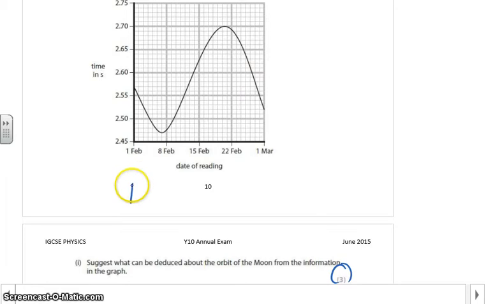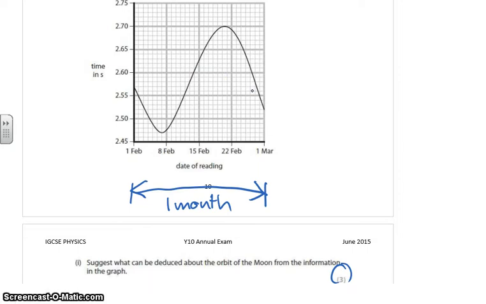For a start off, it varies with a period of about 1 calendar month. Of course the lunar month is slightly shorter than that, about 28 days, but they don't need that much detail. But if you spot that it takes about a month for the cycle to repeat itself, then that'll get you a mark.